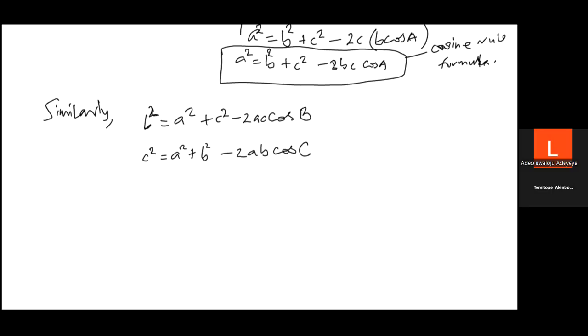Or, on the contrary, you know two sides and the angle between the two known sides. I want to give this as an illustration.